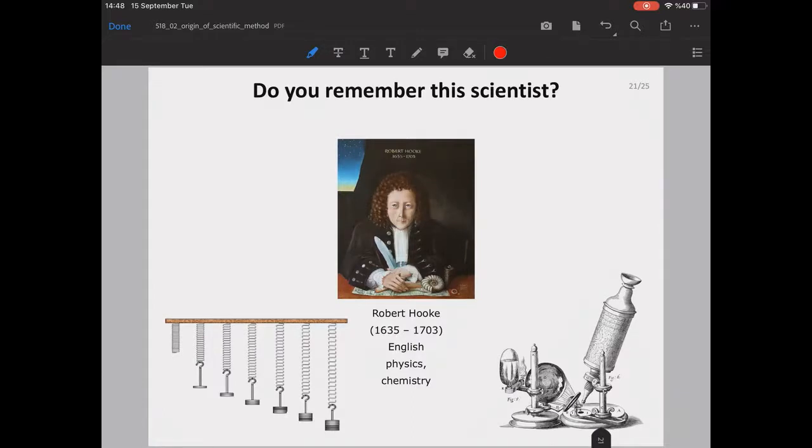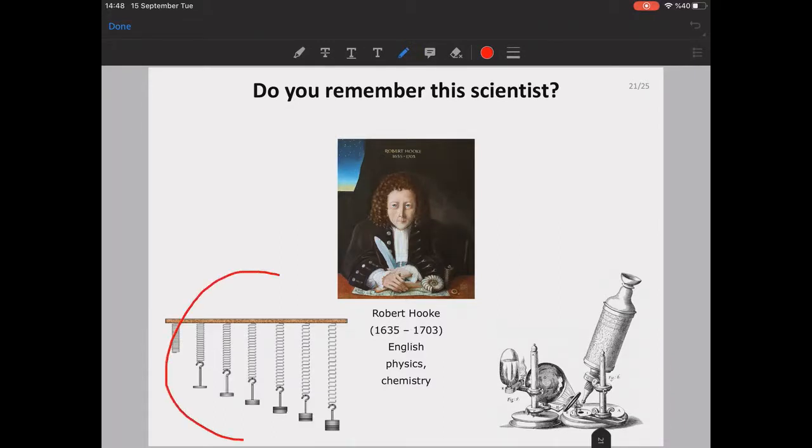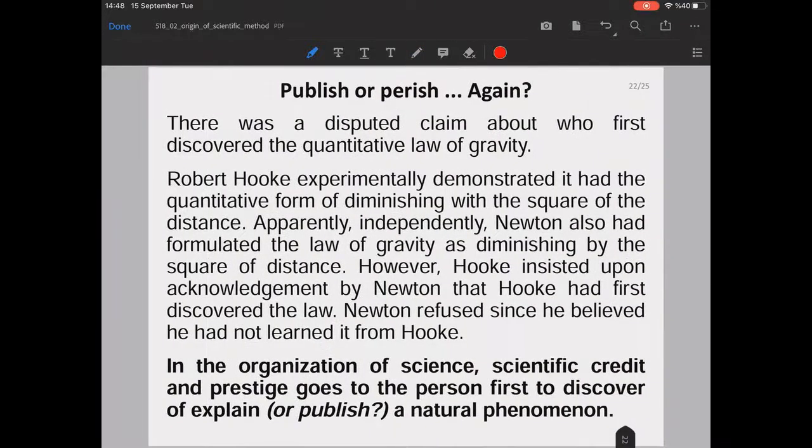Now, it's maybe interesting that, do we remember this scientist as well as Newton? He is Robert Hooke. Maybe he is familiar to me with his Hooke's law that I've seen in physics courses in high school, I guess, about the extension of those strings here. He was also another important scientist, but there was a dispute between Newton and Hooke.